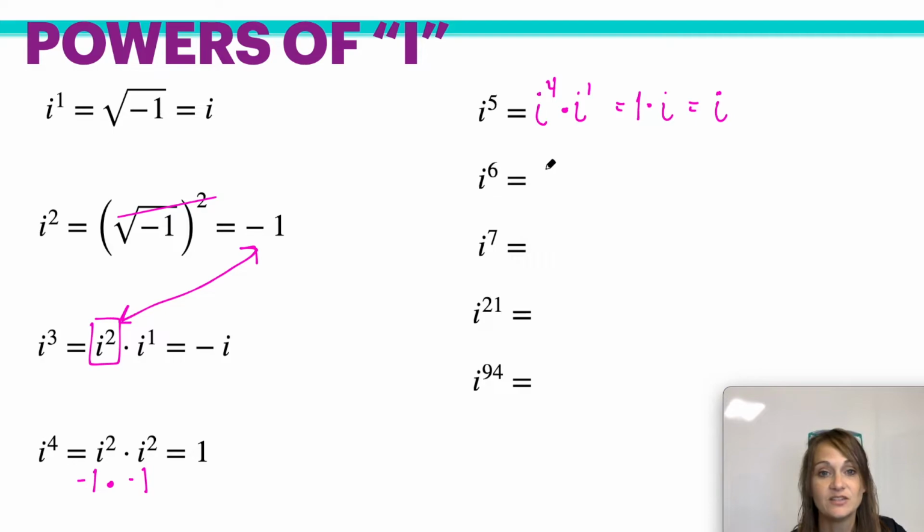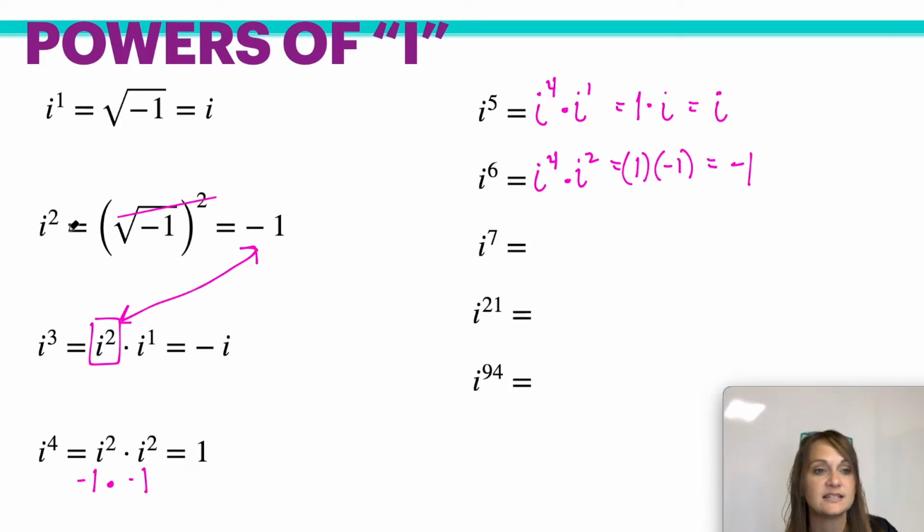i to the sixth is i to the fourth times i squared. We know i to the fourth is the number 1, and we know that i squared is negative 1. And so we get negative 1. If you notice, i to the 6th and i squared are the same answer. i to the 7th would be i to the 4th times i cubed, because 4 plus 3 is 7. i to the 4th, again, is the number 1, and i to the 3rd is negative i.